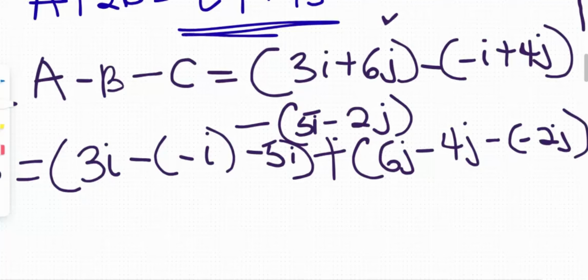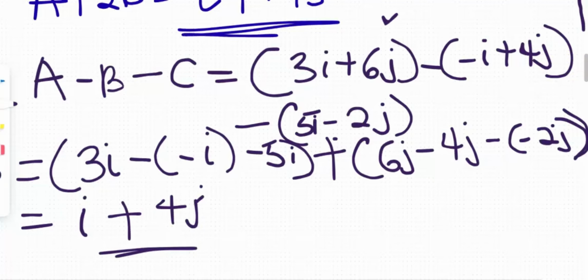Okay? Now let's solve it out. So for the I's, 3I minus I is equals to 2I, minus 5I will be equals to negative 3I. Then plus 6J minus 4J is equals to 2J, minus 2J, that's equals to 4J.